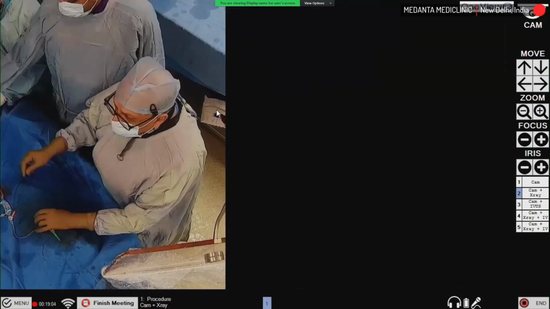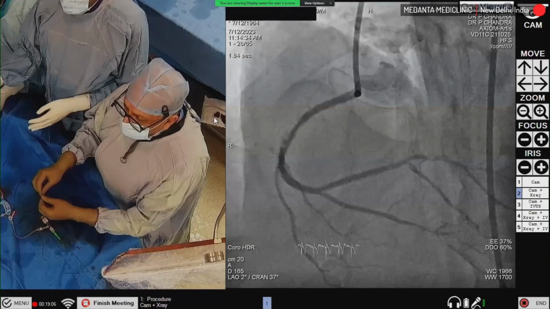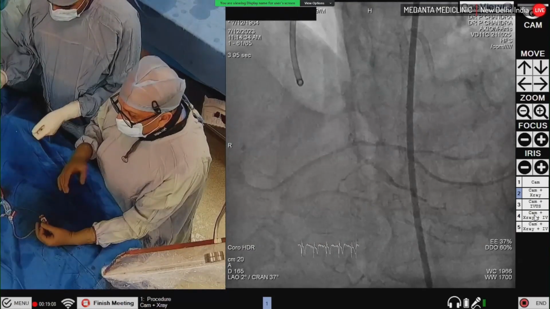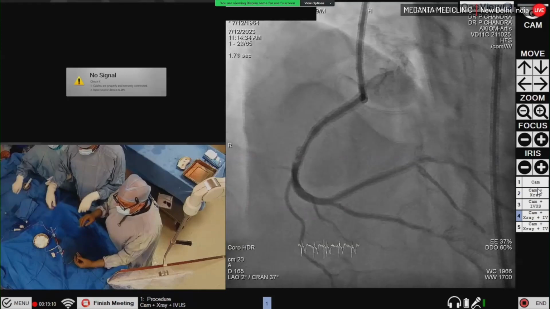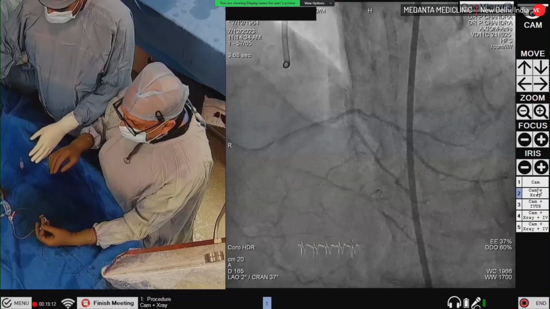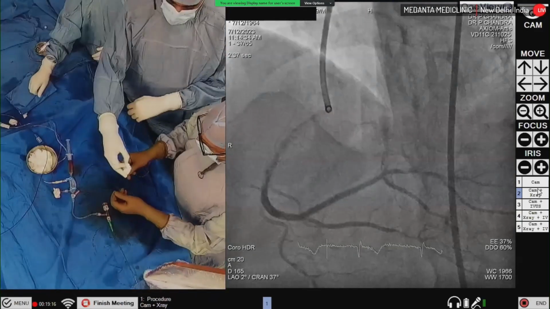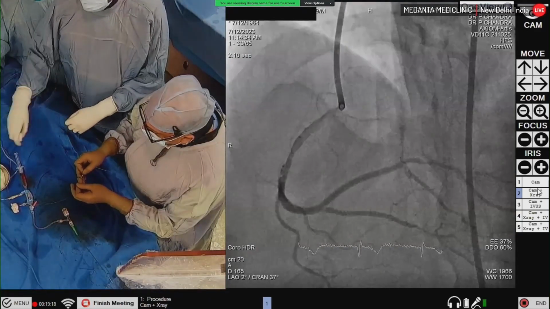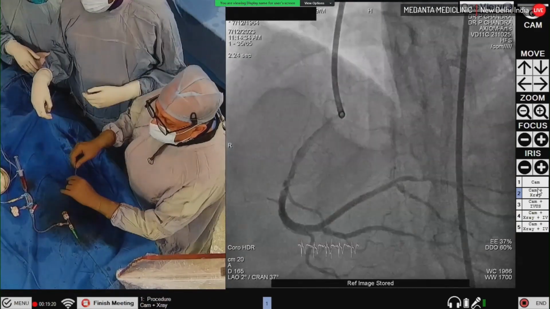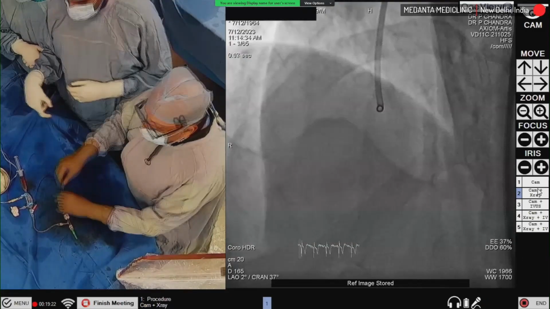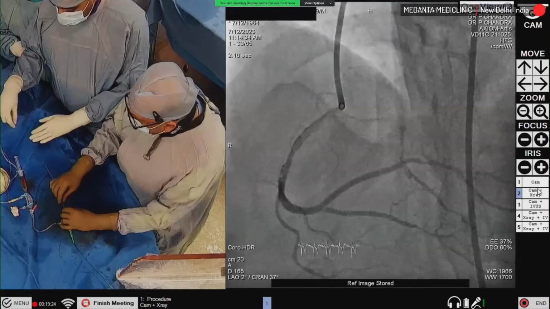Can we do an IVUS and see what is the situation? So you can see very well that this is a typical picture of ulcerated plaque, and the distal vessel is also having some disease in the PLV, which we will see whether we need to do a drug-eluting balloon, because it's so distal that it might be better to do a DEB.